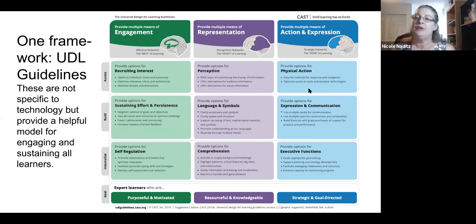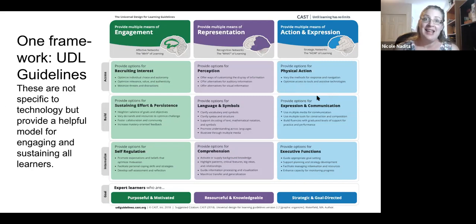In addition, we'll only talk about this a tiny bit today, but it is an important consideration. At the very top one talks about not only the physical action, as in physically manipulating or moving content or themselves in some way in order to both process learning and demonstrate learning, but also whenever possible, we do want to do the second bullet under physical action, which talks about optimizing access, so that students of all needs and all ranges of ability can access the content.